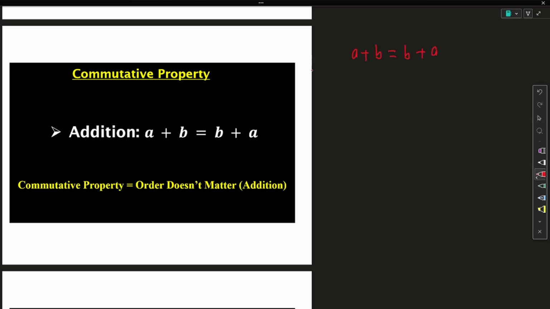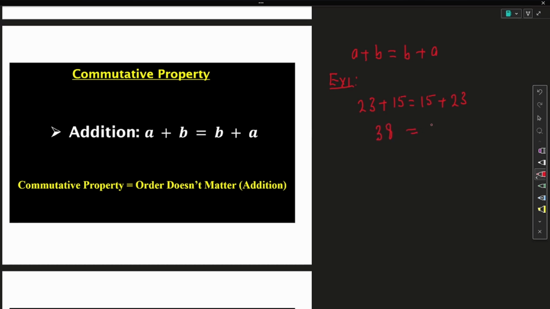For example, example 1, if A is 23 plus B, and B is 15, it is equal to B, which is 15, plus A, which is 23. 23 plus 15 will give us 38.